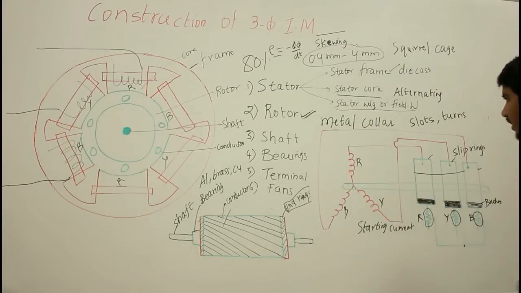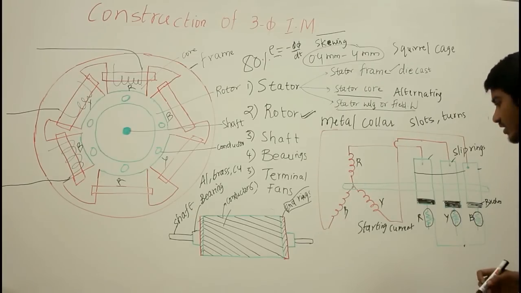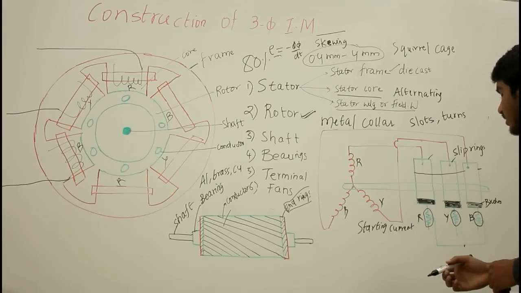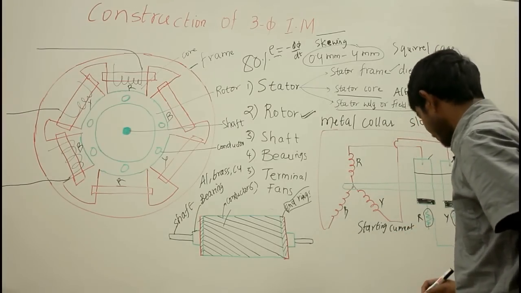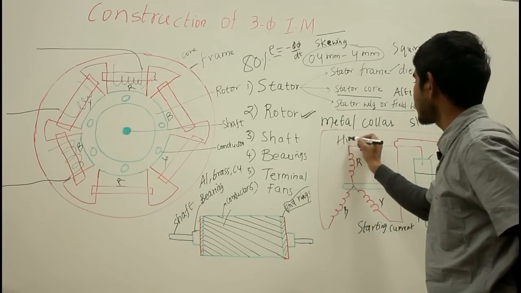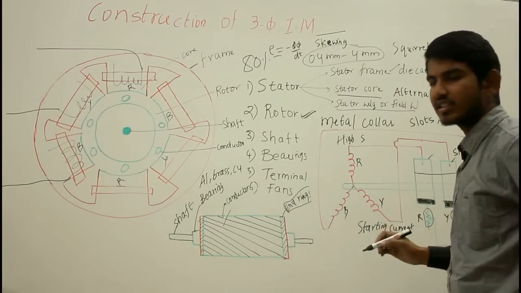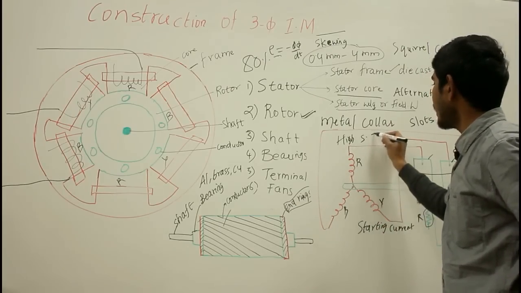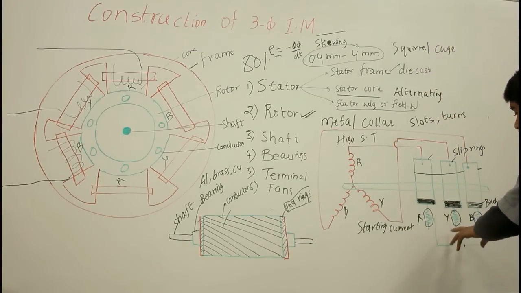Generally the starting of your slip ring type of induction motor is done by inserting the external resistances, because this reduces the starting current, and you can also have high starting torque in your slip ring type of induction motor, and you can have good speed regulation by changing the resistances here.